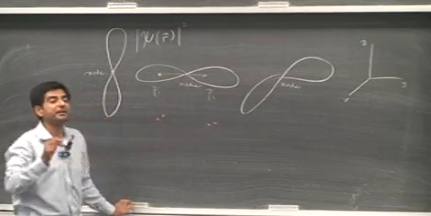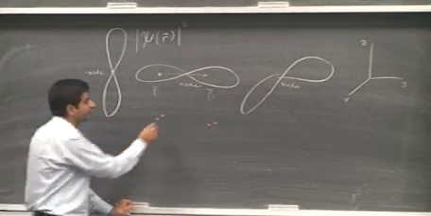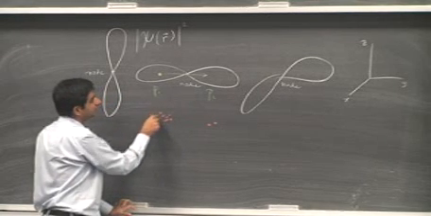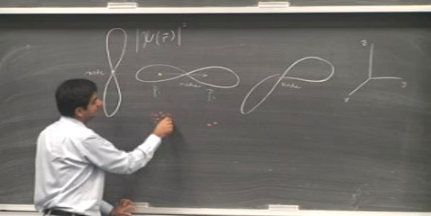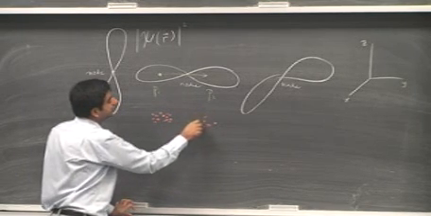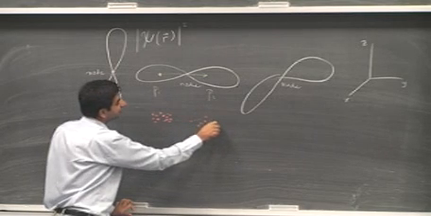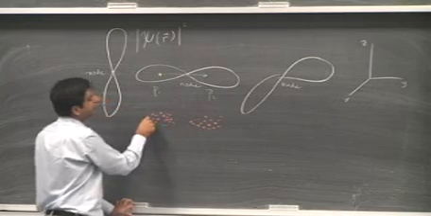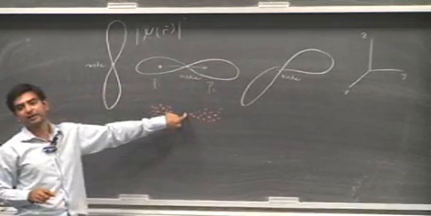And if you repeat the experiment a large number of times, your points will have a density, they will be distributed in accordance with this wave function squared. And you will never be able to find an electron at the node.